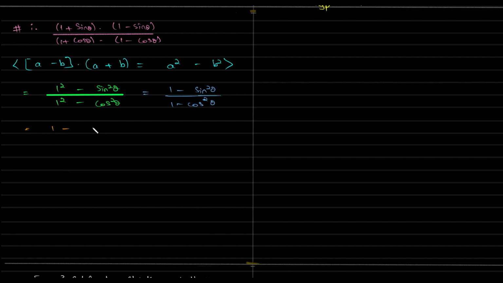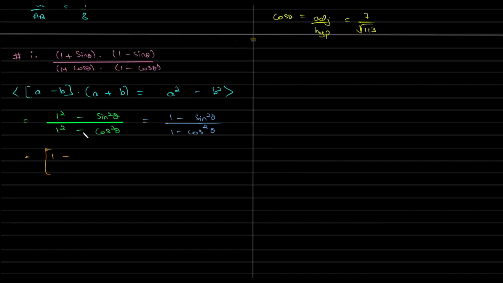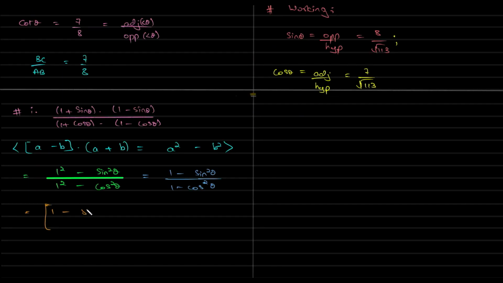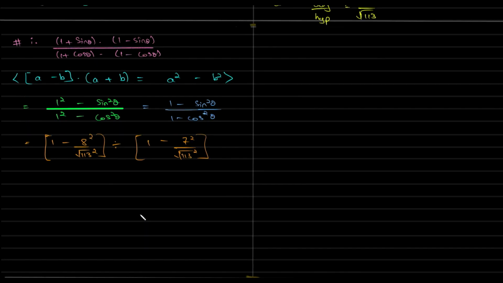So 1 minus sine, sine happens to be 8 by square root of 113, squared, divided by 1 minus 7 by square root of 113, squared. So we have 1 minus 64 by 113 divided by 1 minus 49 by 113.